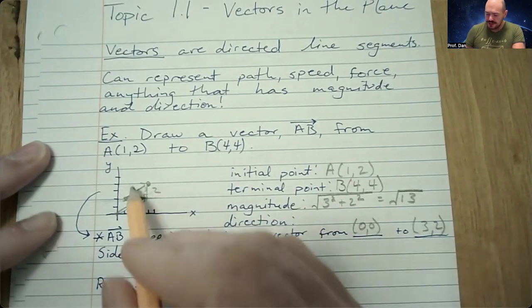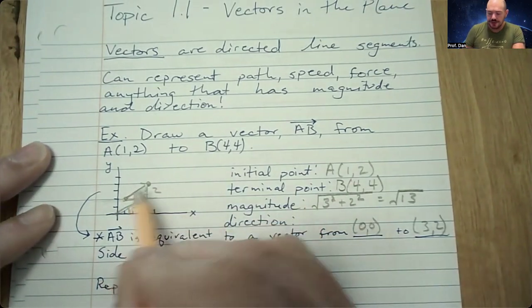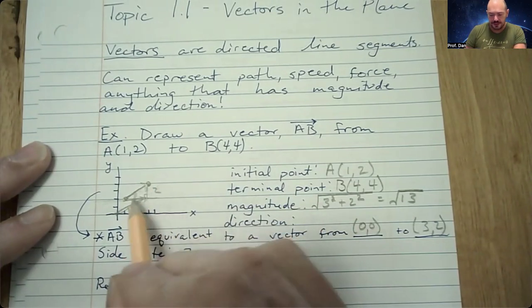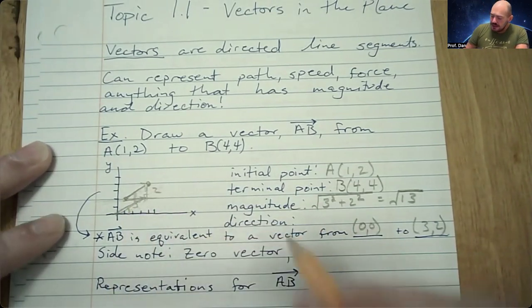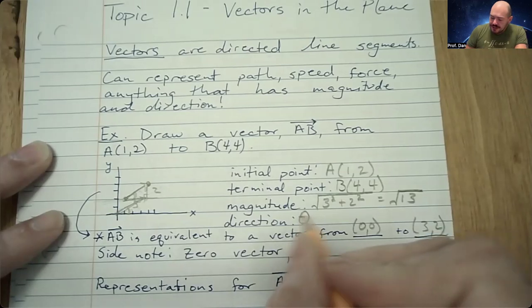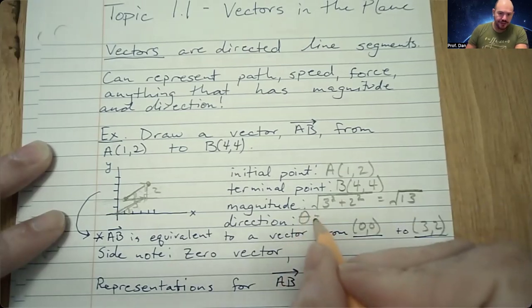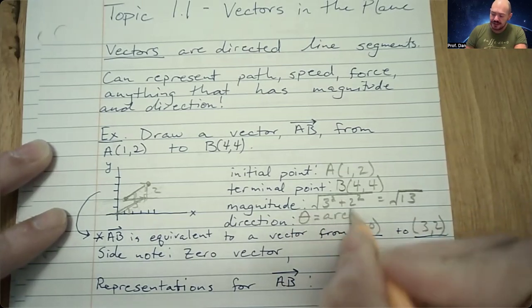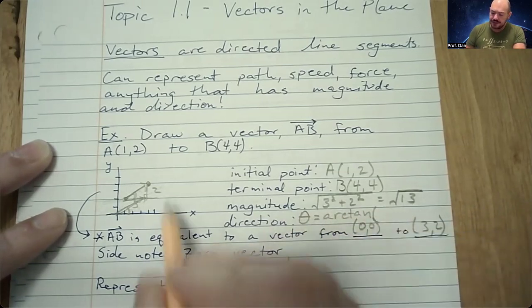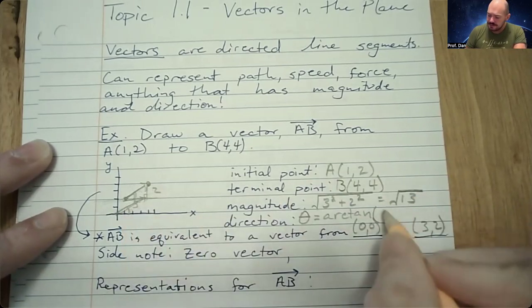So for the direction, we know that tangent of the angle is 2 over 3. Opposite over adjacent. SOHCAHTOA. So I know that the direction, typically represented by the Greek letter theta, is equal to inverse tangent or arctangent of 2 over 3.